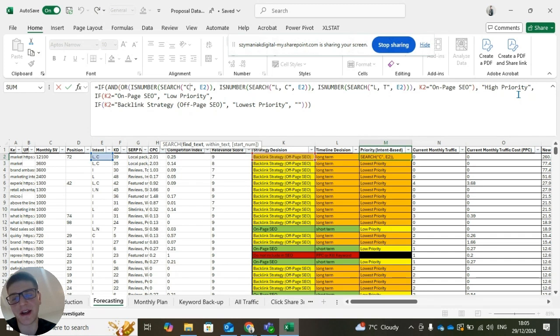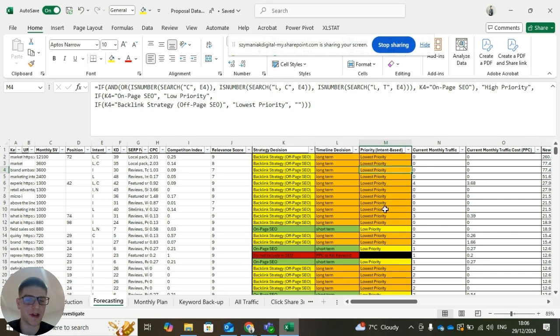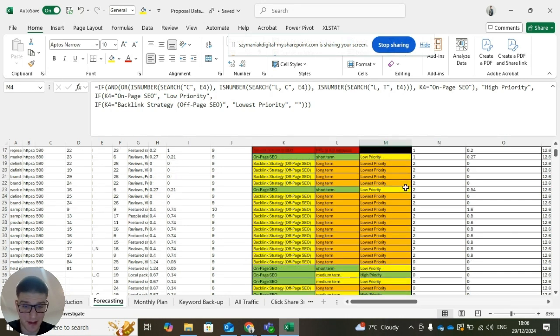So what we're basically saying is that if the keyword is highly commercial and we already put it into the bracket of on-page SEO, it should classify as high priority. Vice versa, if the keyword is commercial, but it's an off-page SEO strategy, then we would put it in the lower priority bracket. So what we're basically doing is narrowing down our keywords to a smaller number based on the data we have.